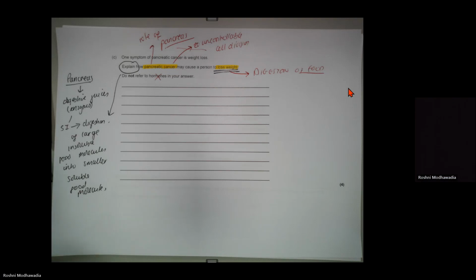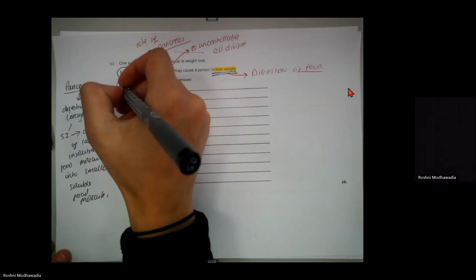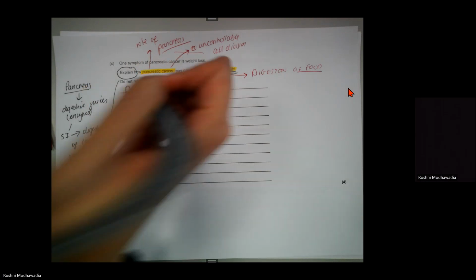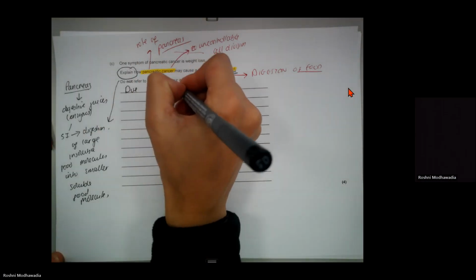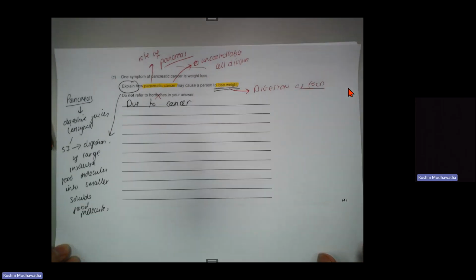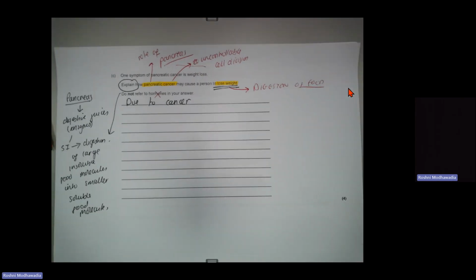So due to cancer, this person has cancer, their pancreas is not working very well.